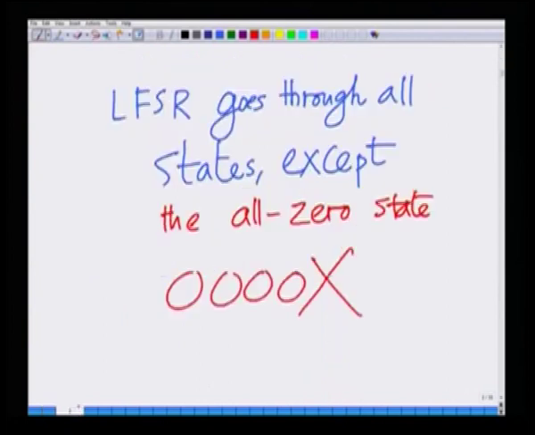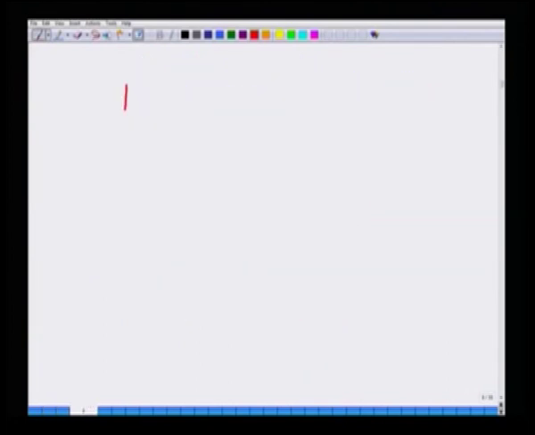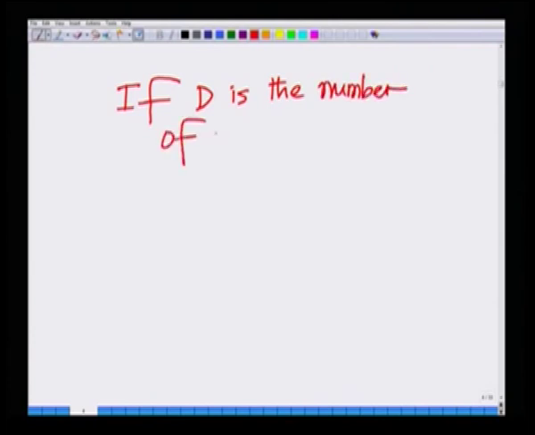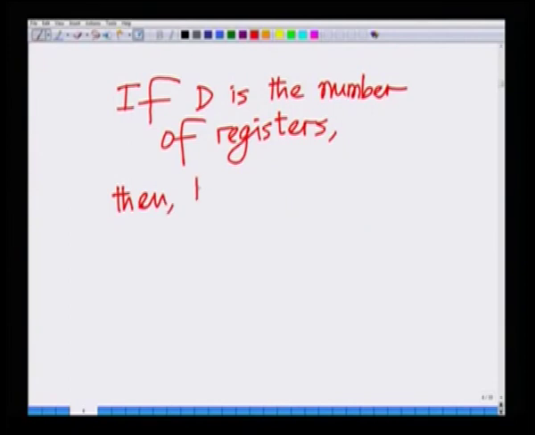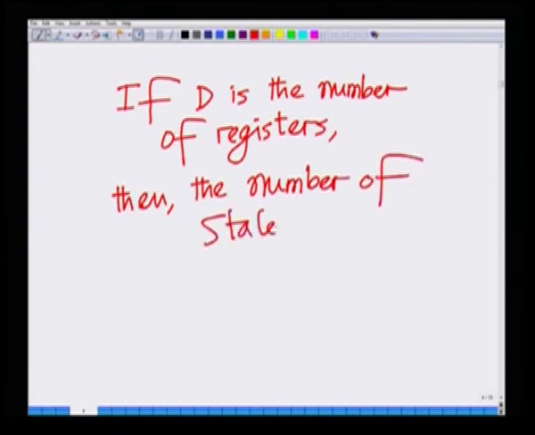If D is the number of registers in the LFSR, then the number of states is 2 power d minus 1.